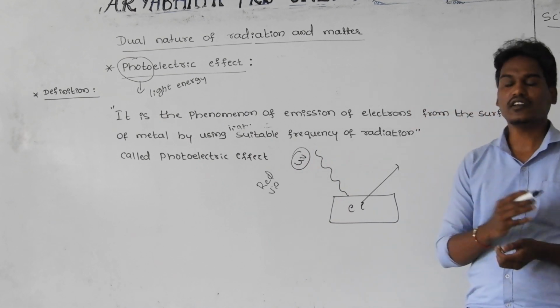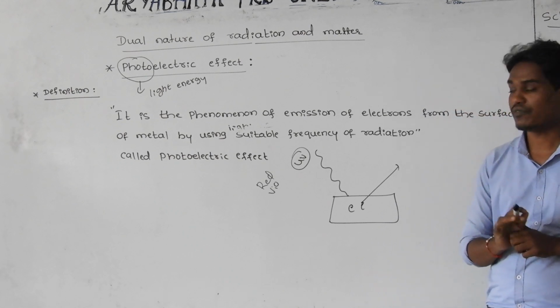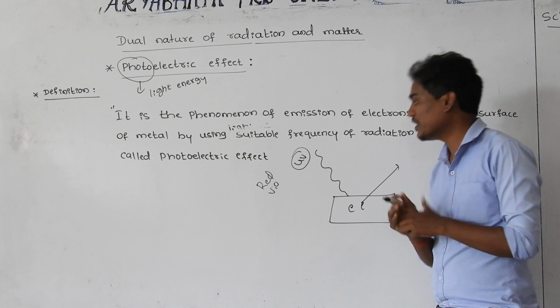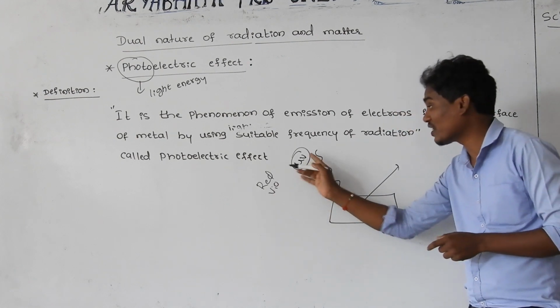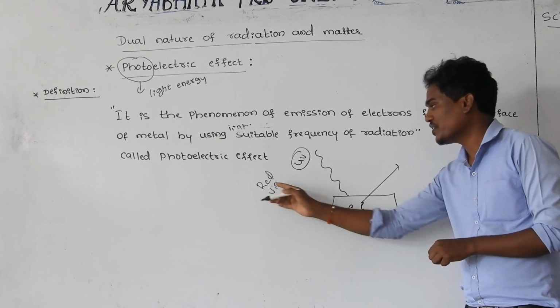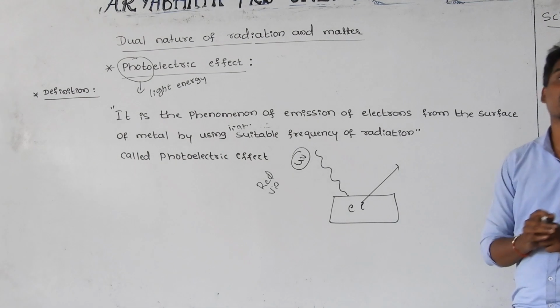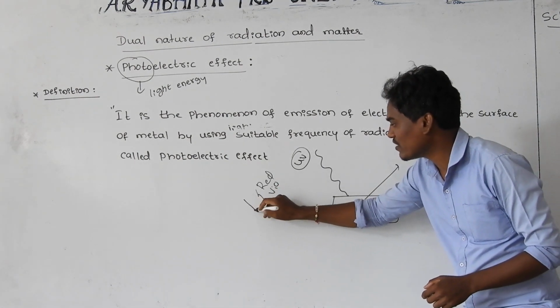What is the reason here? Ultraviolet radiation has a certain frequency that is higher than red and violet. If you use red light or violet light instead of ultraviolet, there is no emission of electrons from the surface of the metal, because these two lights have low frequency.